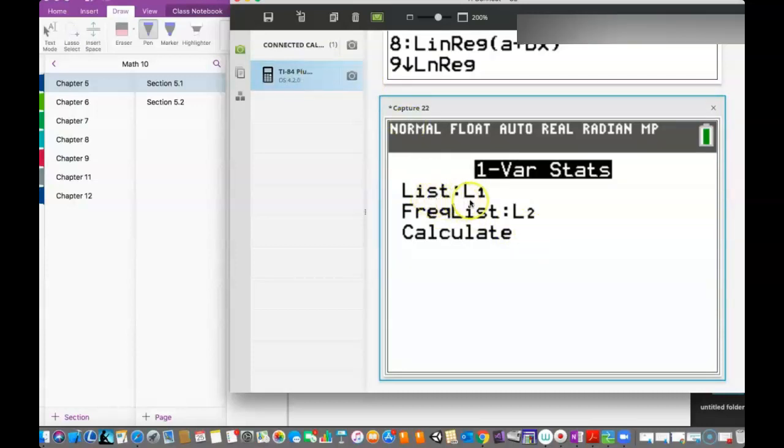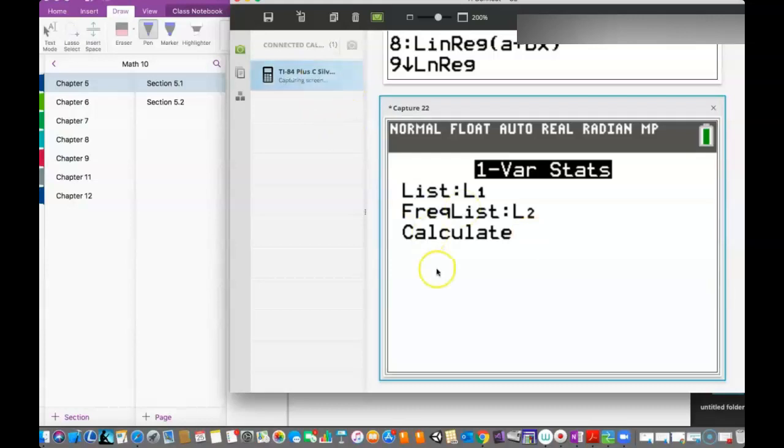You should have list L1 and here you should have L2. If you didn't have this L2, your answer will not be correct. So in case you didn't have L2, you can enter it by pressing second and then 2. So second, 2, you can enter L2. Okay, then after it, enter, again enter.